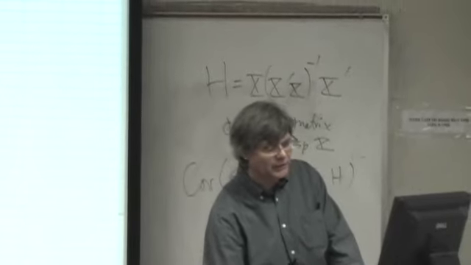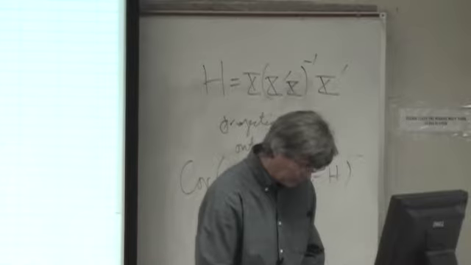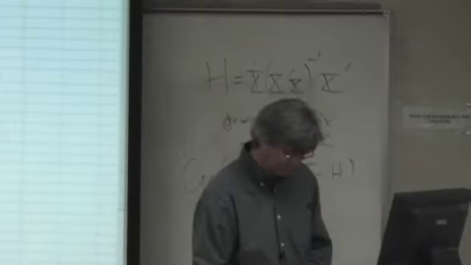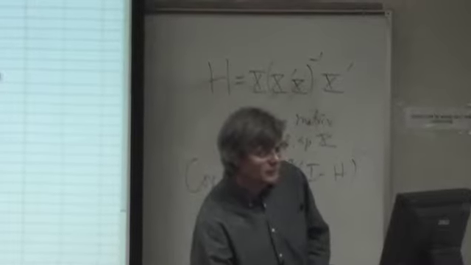Therefore, the standard error of EI, using all our statistical language, is equal to sigma hat, you replace sigma by sigma hat, times the square root of 1 minus HII.